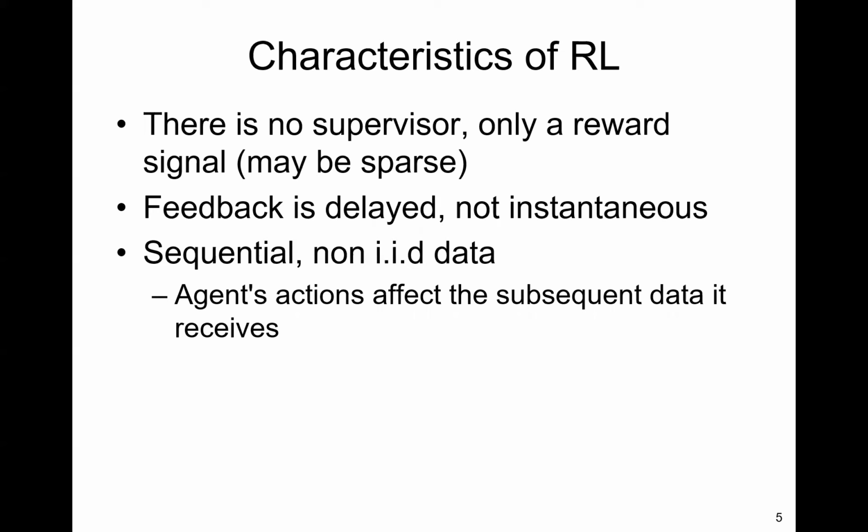So that's IID. But for RL, the agent's actions affect the subsequent data it receives. If you issue a left action, you will see the images from the left direction, which is different if you issue the right action. So it means that the input data are all correlated. They're not independent from each other.